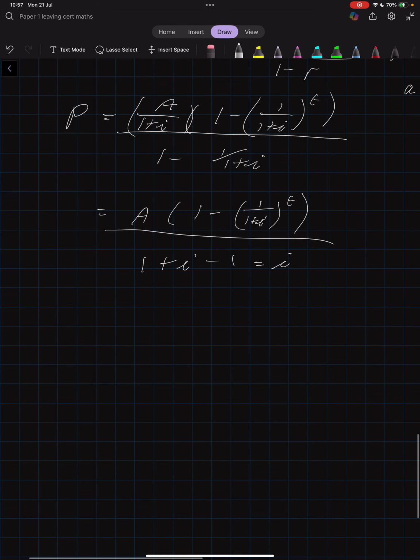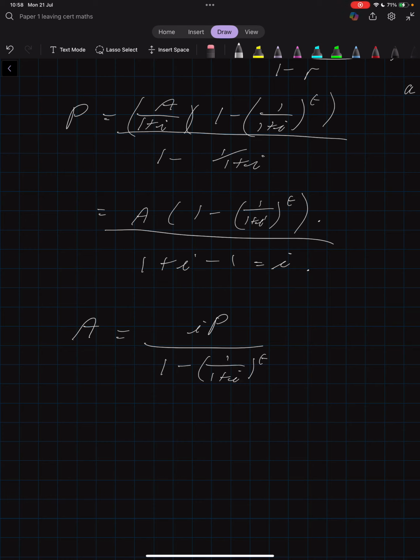So now I want to make A the subject of this equation. So I'm going to throw everything over to the left hand side. Multiply both sides by I and divide by this. So I get A is going to be IP all over 1 minus 1 over 1 plus I to the power of t.